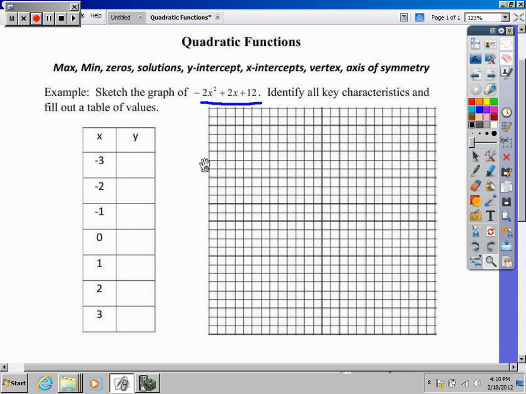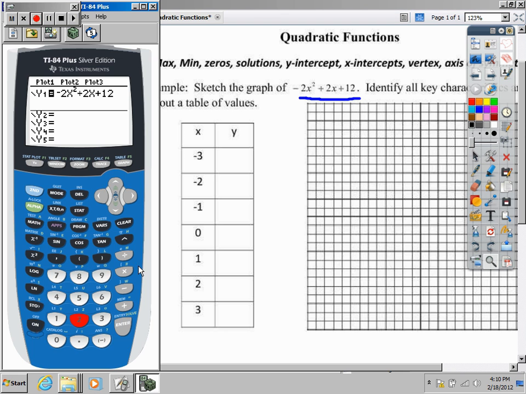Okay. Now you'll notice that there's a table that we're supposed to fill out right here from negative 3 to 3. So if I go to my table setup, which is second window, I can start my table at negative 3 and have it go up by 1.